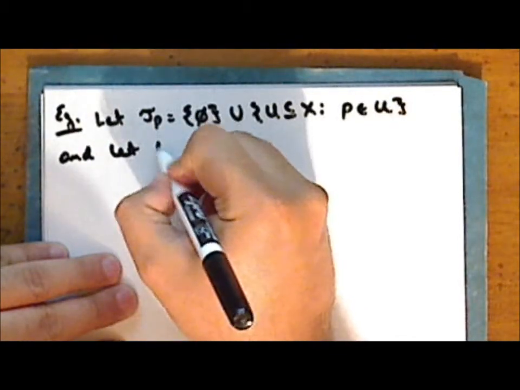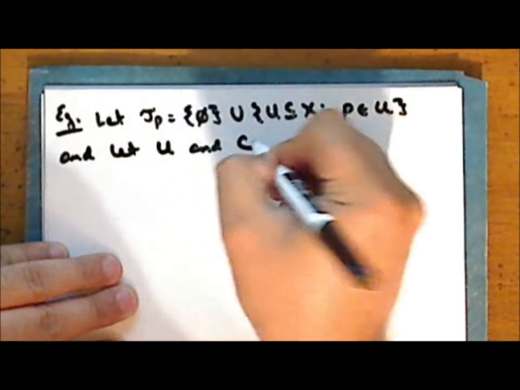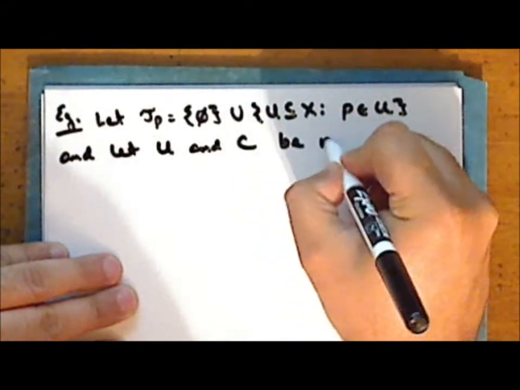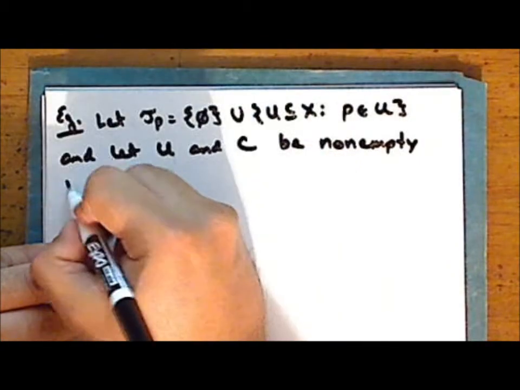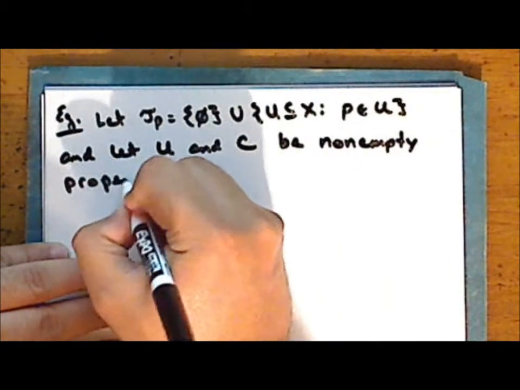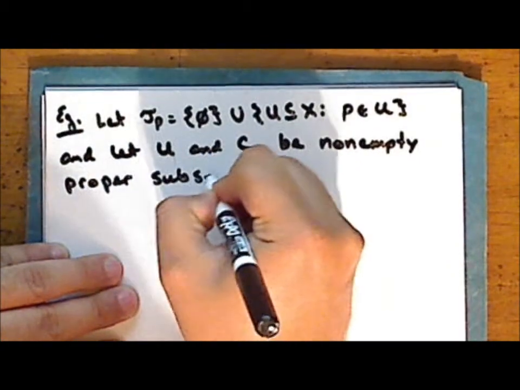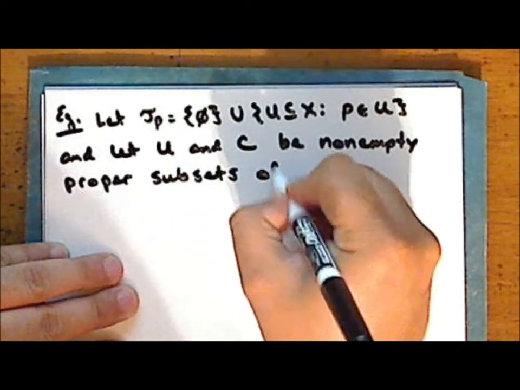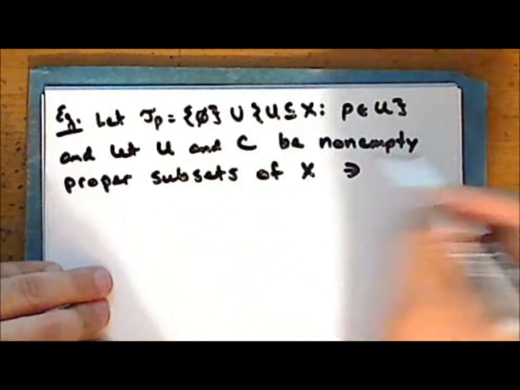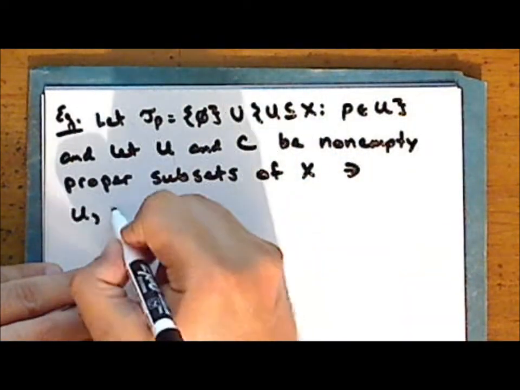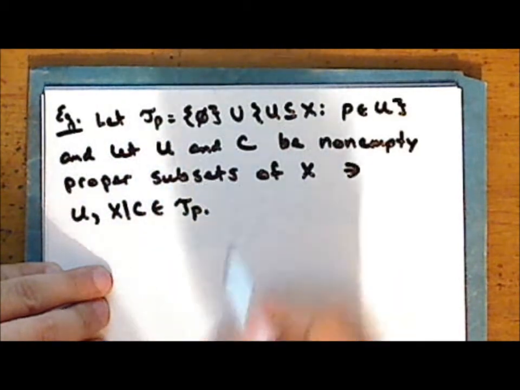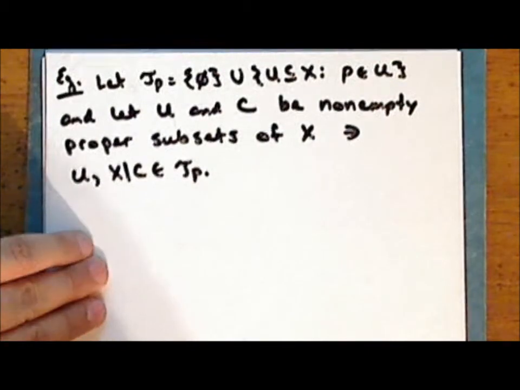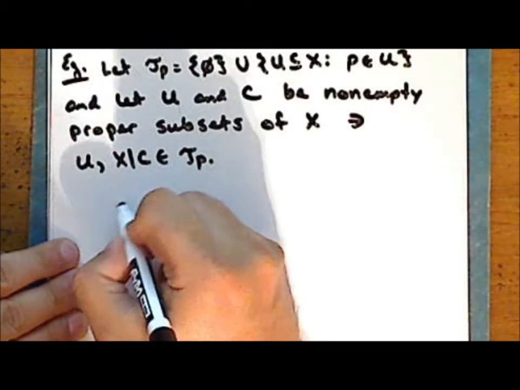And let the sets U and C be non-empty proper subsets of the space X such that the set U and the complement of the set C are in the topology. That is, the set U is open while the set C is closed.